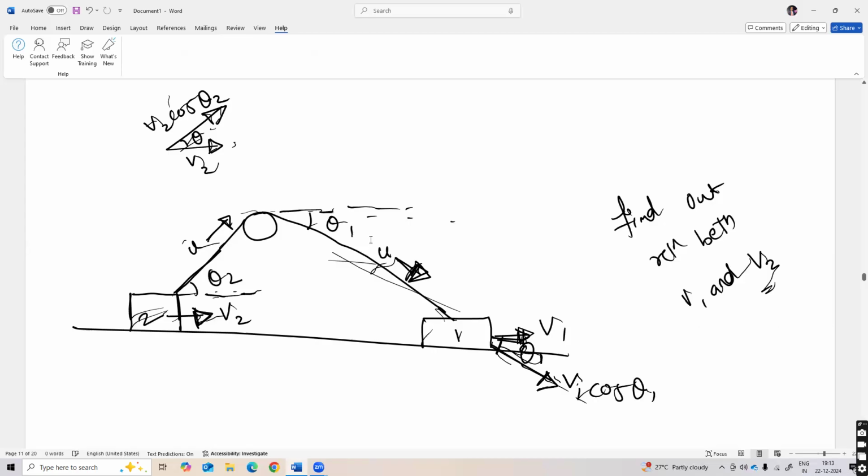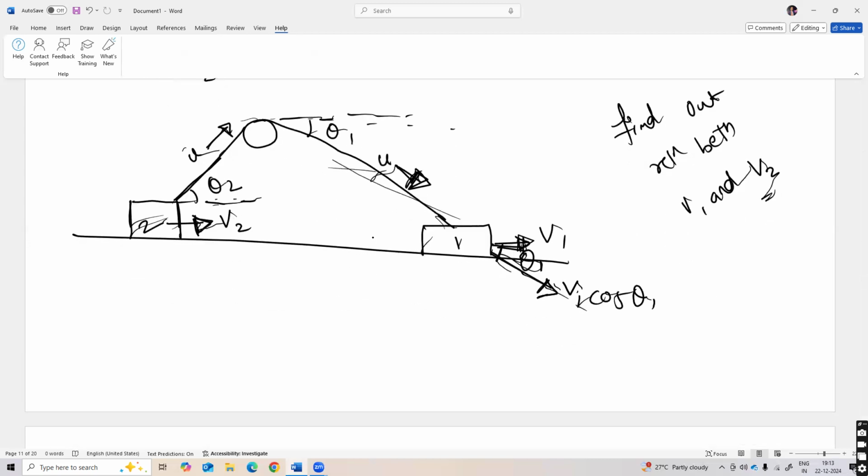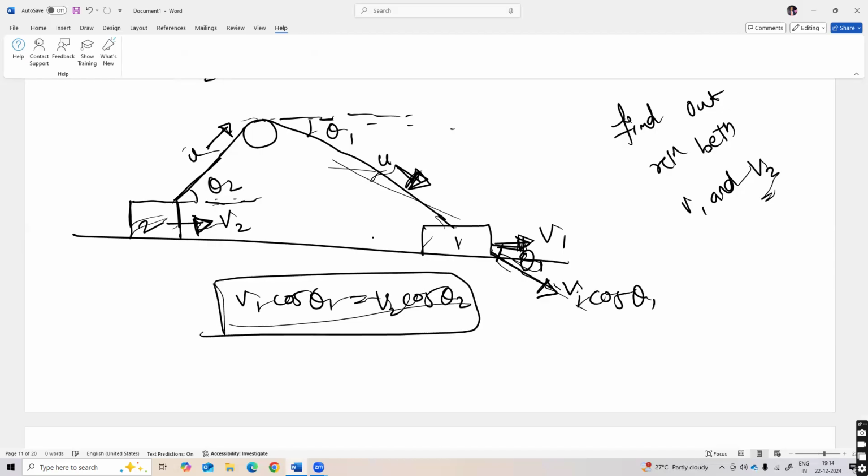Therefore, since the velocity along the string is constant, v1 cos theta 1 is equal to v2 cos theta 2. Okay, you got it? Like why these velocities are equal along this string?